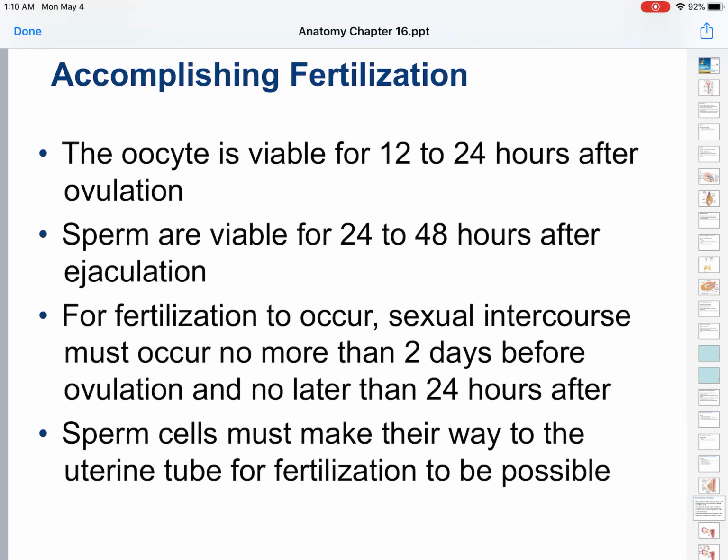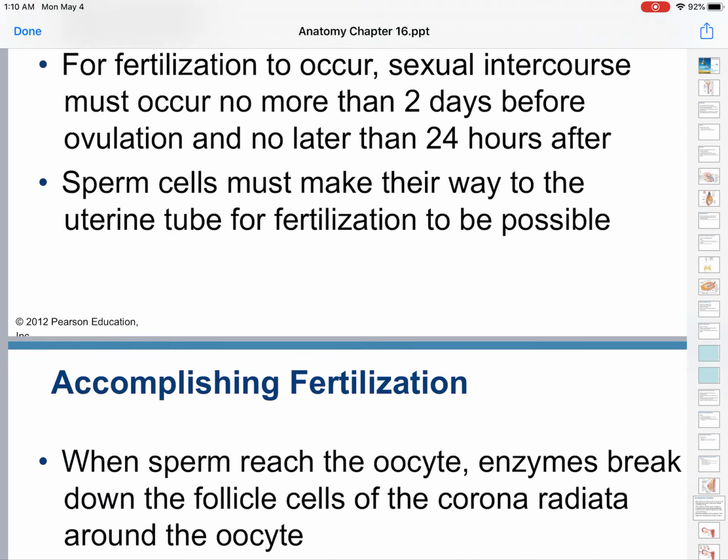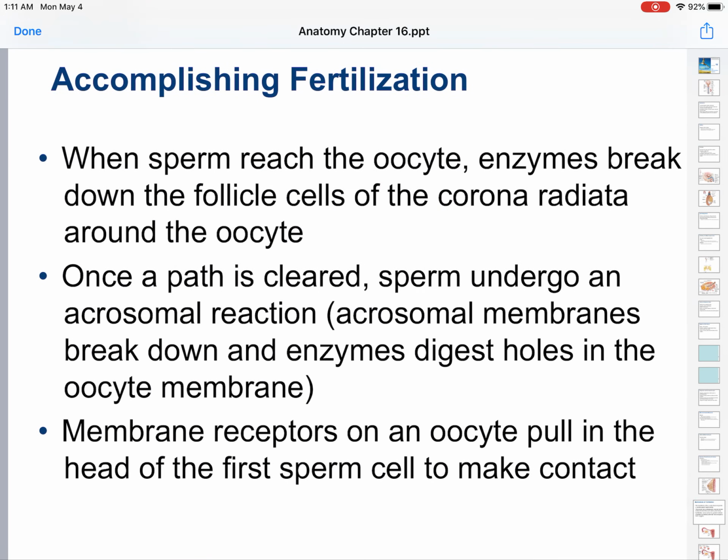Sperm cells must then make their way to the uterine tube for fertilization to be possible. When the sperm reaches the oocyte, enzymes break down the follicle cells of the corona radiata around the oocyte.